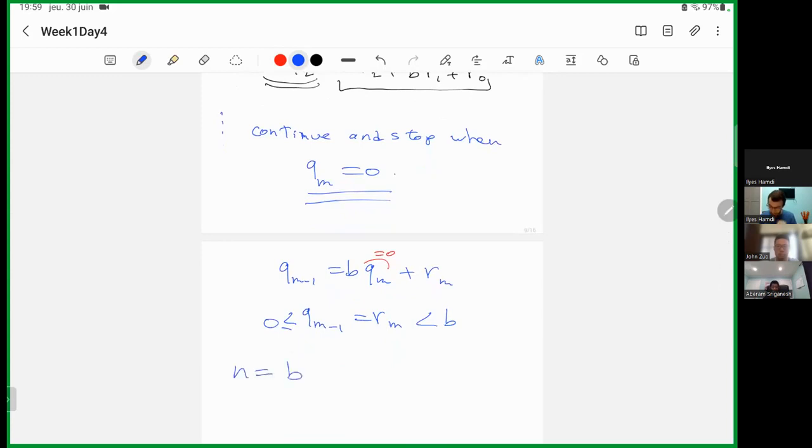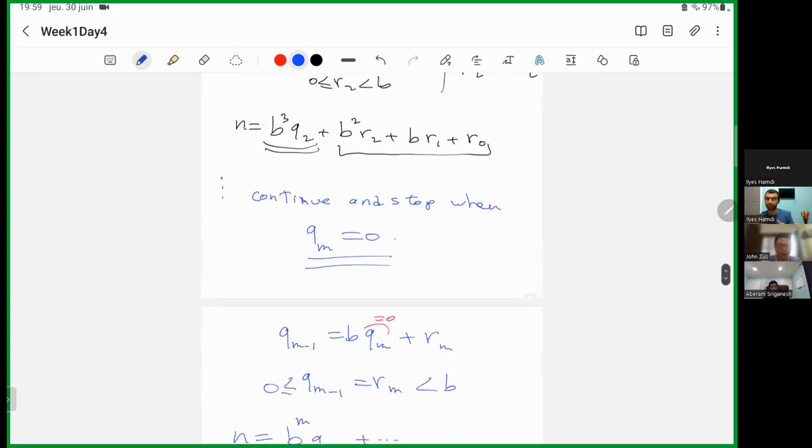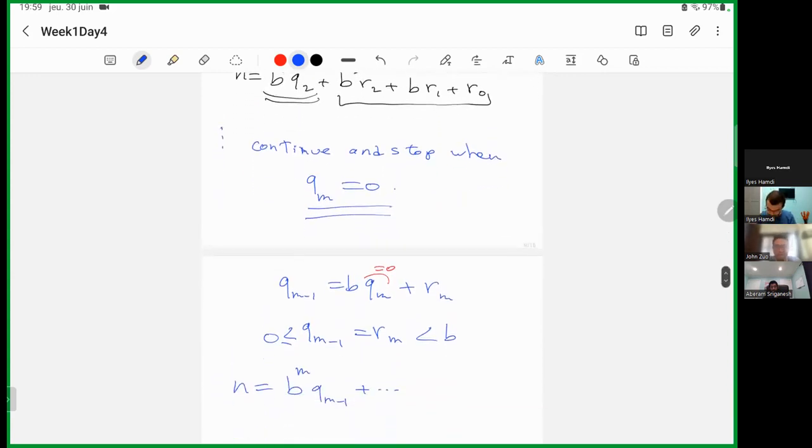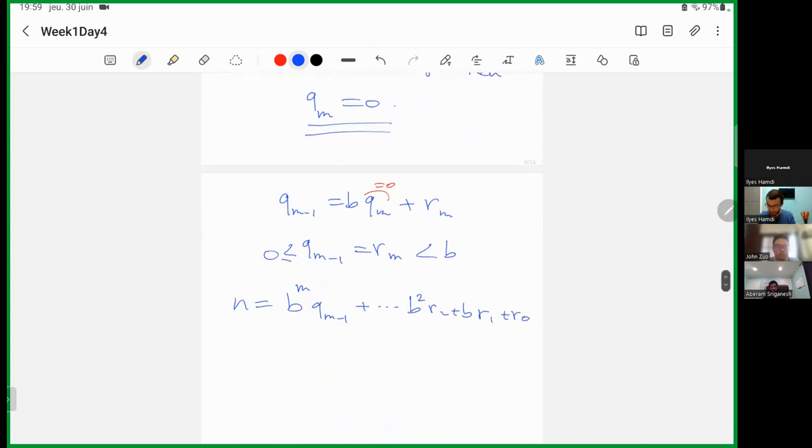Why? Because here I will have B to the m times Qm minus 1. So I'm just trying to guess the expression because it's always going to be the same, right? And then I finish with B squared R2, B R1 plus R0 exactly as we did before.